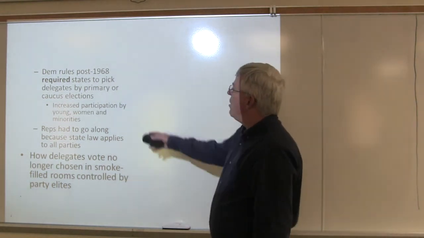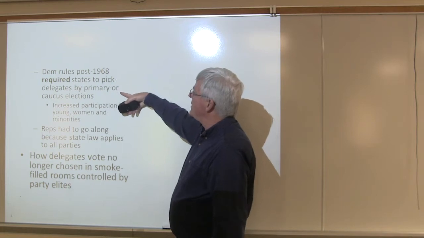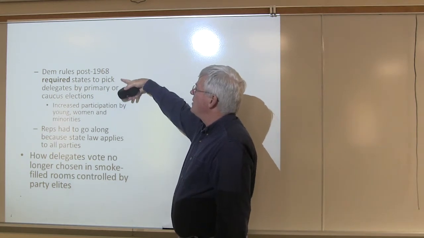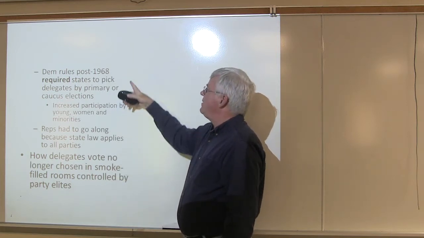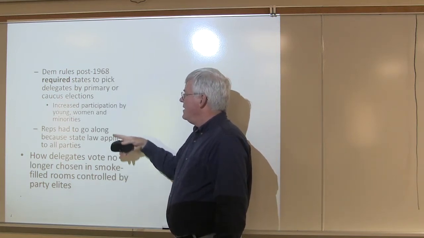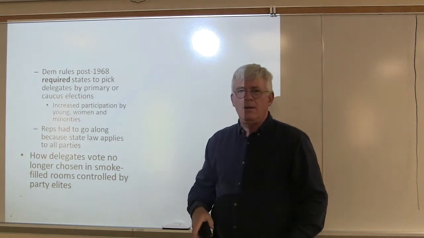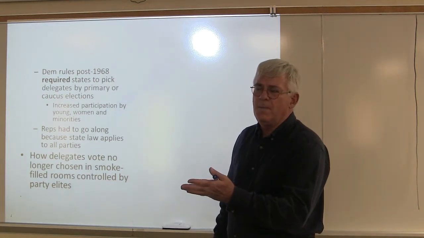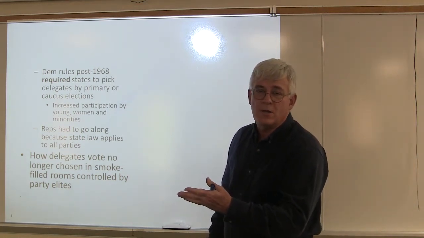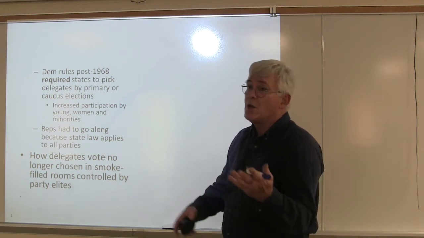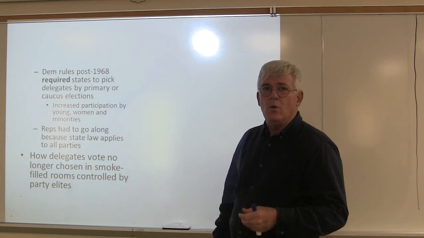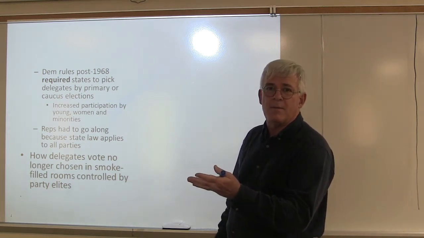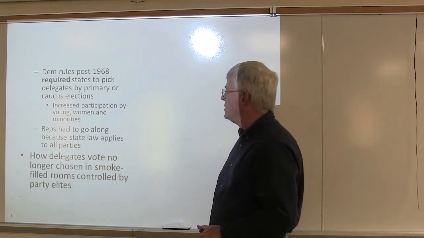All right, so look, that craziness in 1968 resulted in the Democratic Party changing its rules. And the Democrats said, look, if you, in our 1972 National Party Convention, want to bring delegates, Arizona or California or Alabama, then you have to pick them through a primary or a caucus. All right?